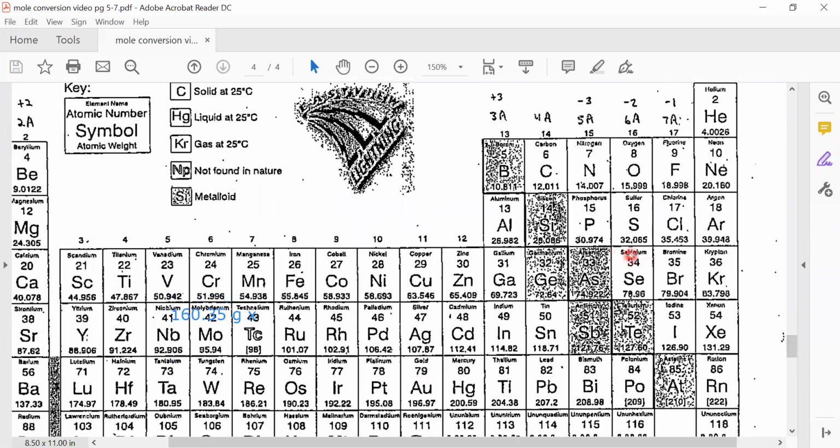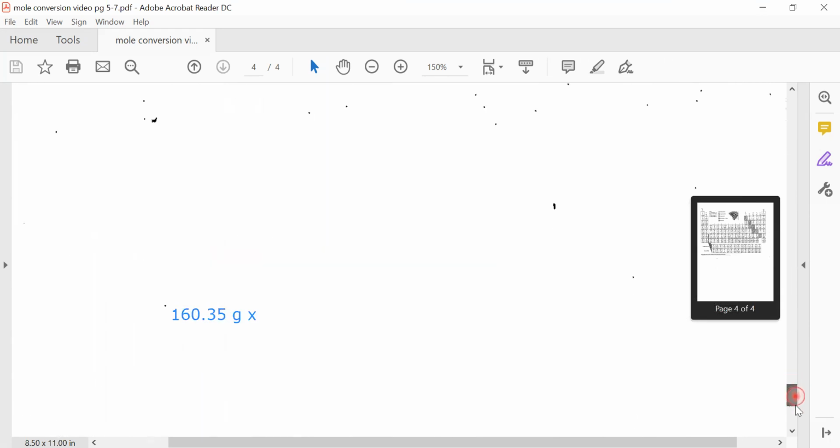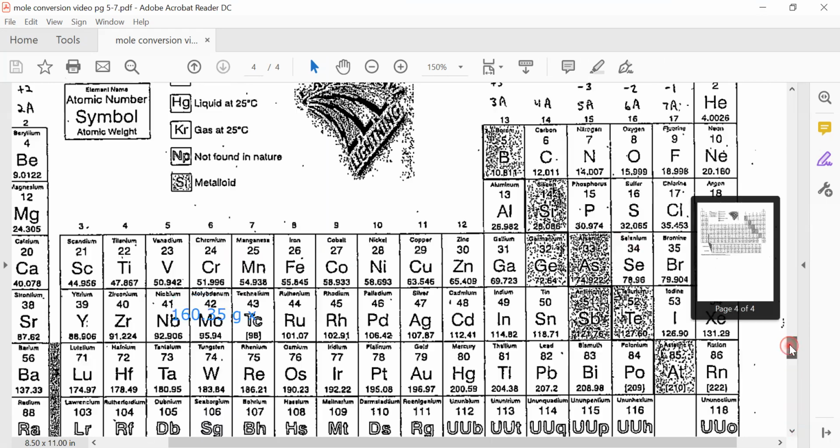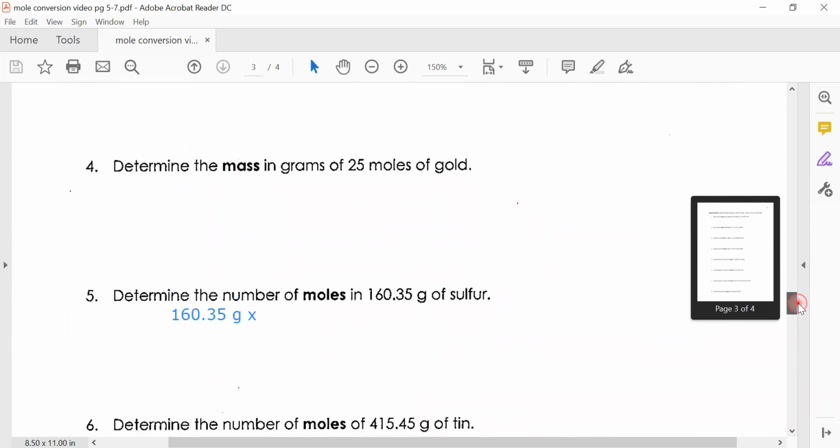Now, notice usually rounding to the nearest tenth is fine. Because I have so many figures, if there's 5 figures there, I'm going to use them all. I'm going to use 5 figures here. So I'm going to say 32.065 in this one right here. Okay, so I got to find that and go back.